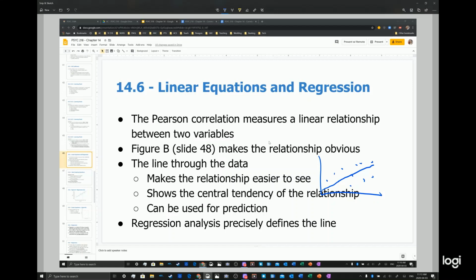So this regression line makes the relationship easier to see, and it shows the central tendency.